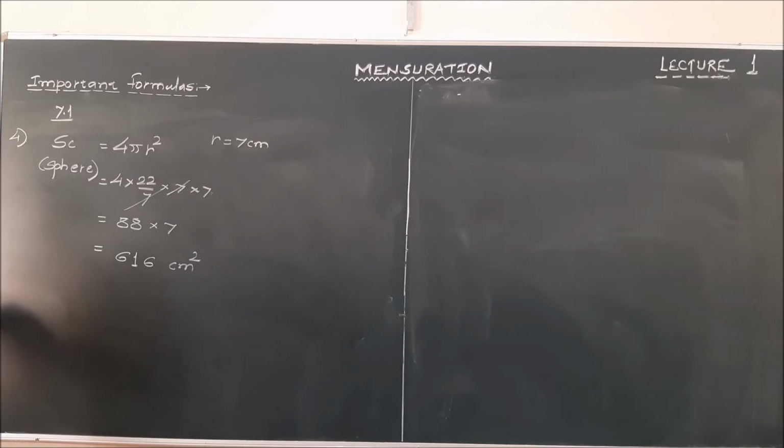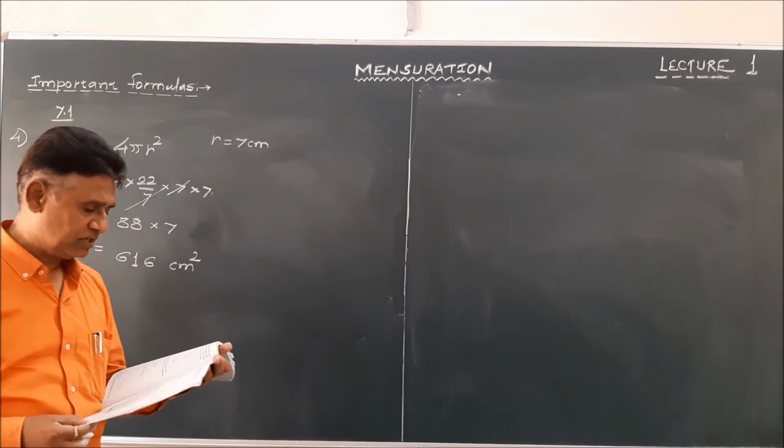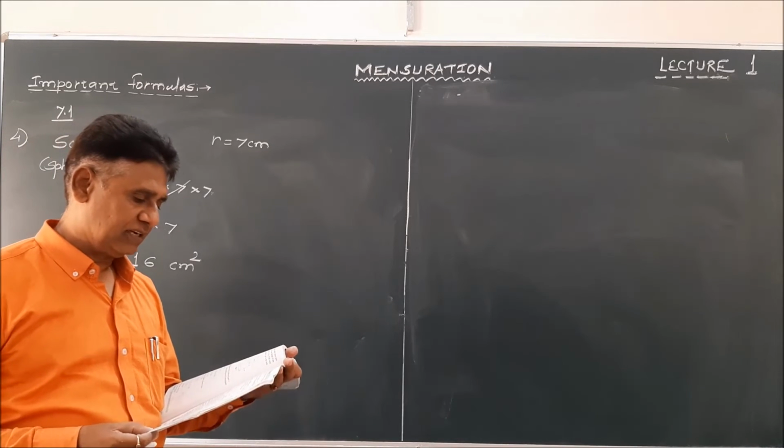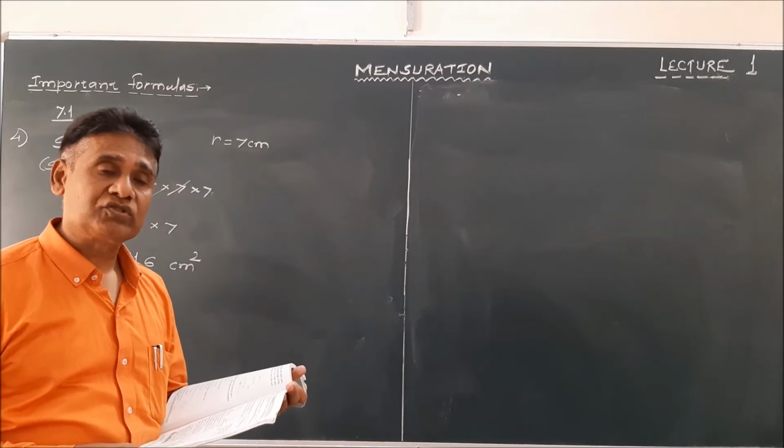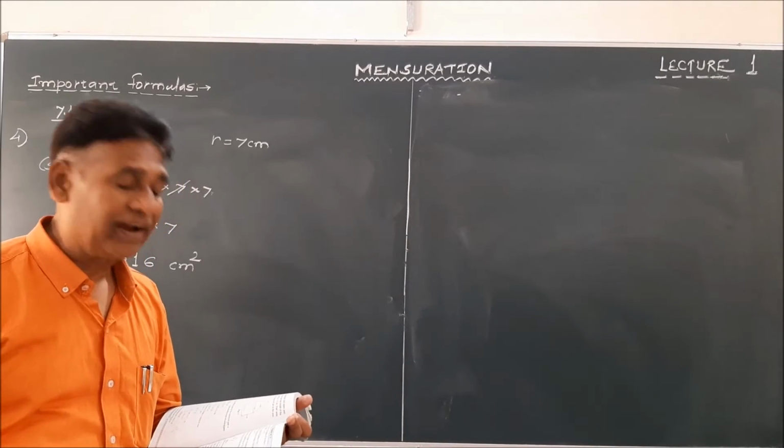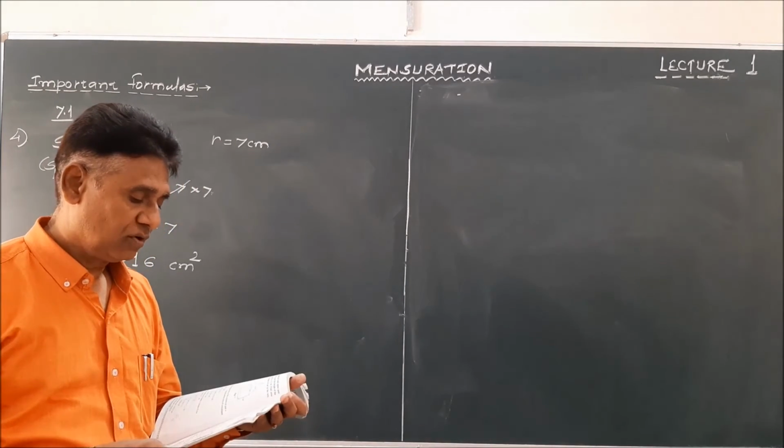Fifth one, the dimensions of a cuboid are 44 centimeter, 21 centimeter, 12 centimeter. It is melted and a cone of height 24 centimeter is made. Find the radius of the base of the cone.